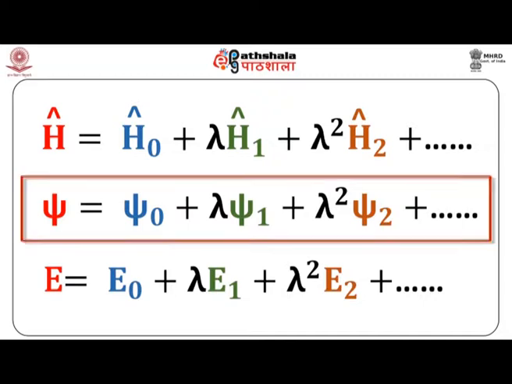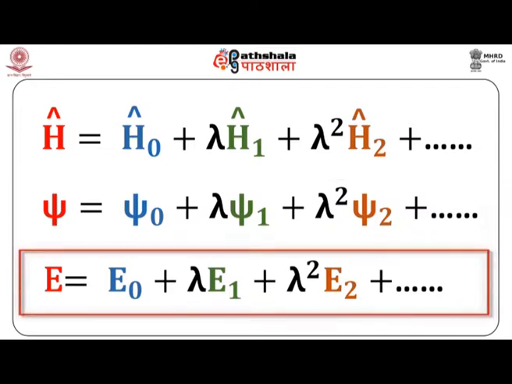Then the corresponding wave function psi is equal to psi 0 plus lambda psi 1 plus lambda square psi 2 and so on. And correspondingly the total energy of the system can be written as E0 plus lambda E1 plus lambda square E2.